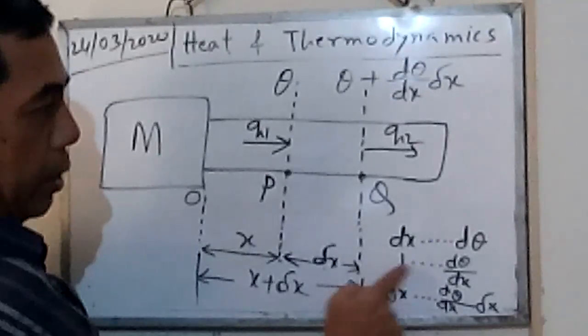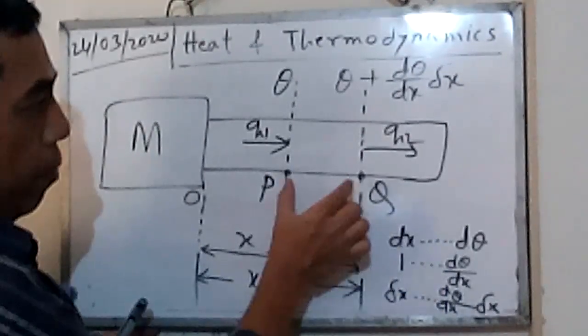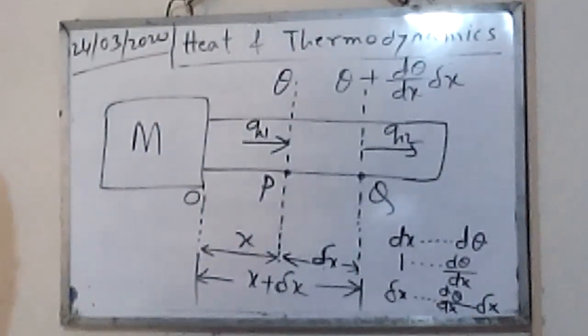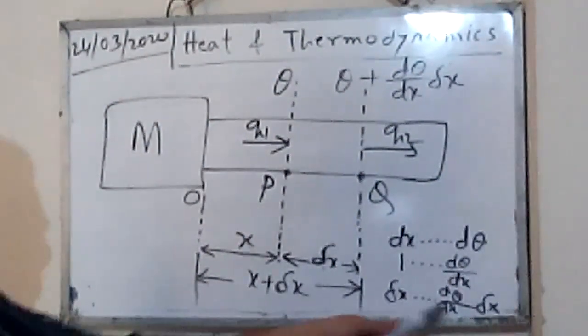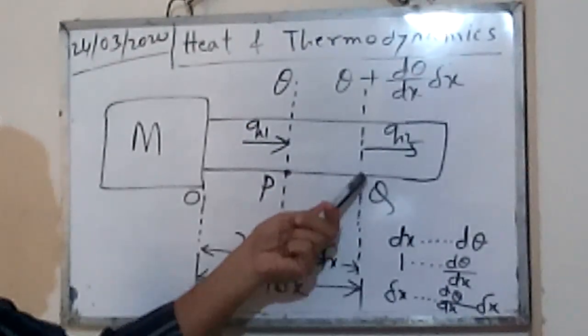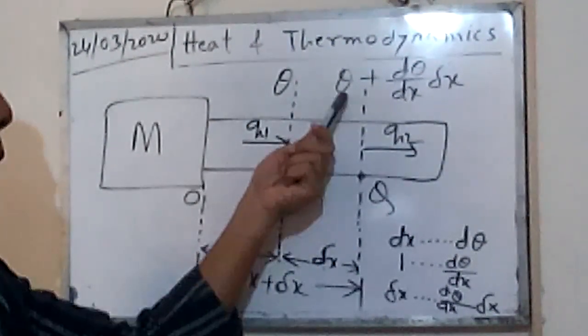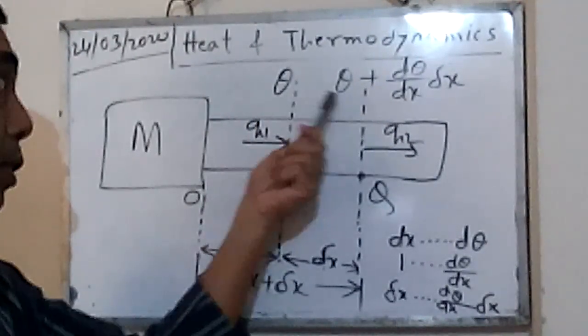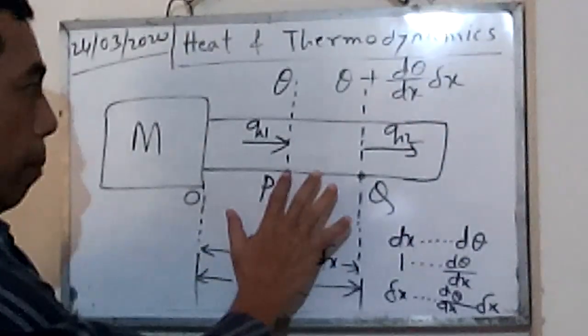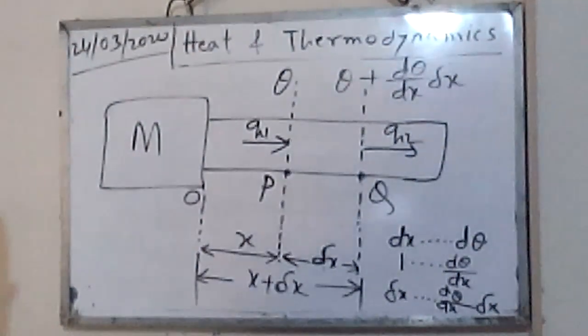Then for unit distance it is d theta by dx, and for del x distance it is d theta by dx del x. At point P the temperature is theta, and at point Q the temperature will be theta plus the change of temperature from P to Q.